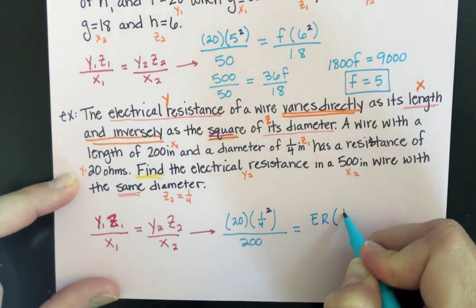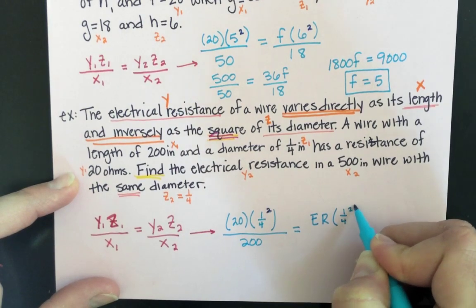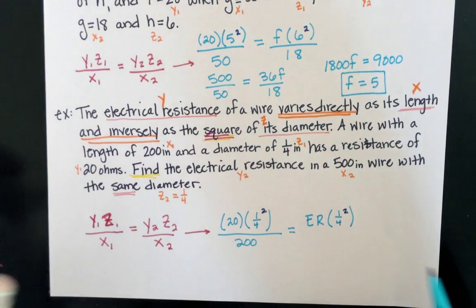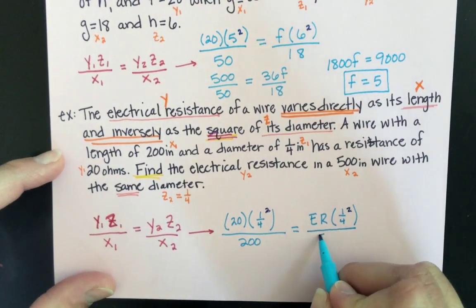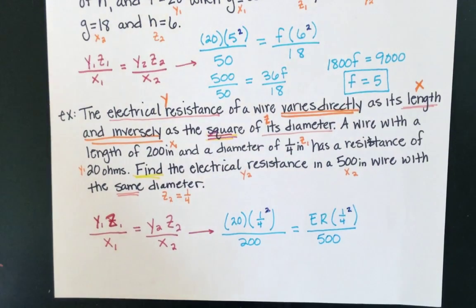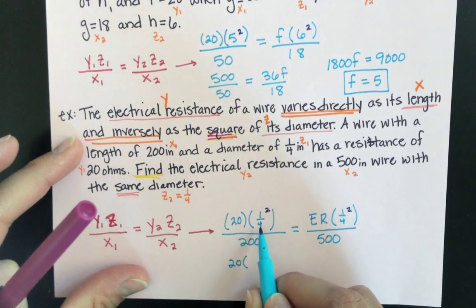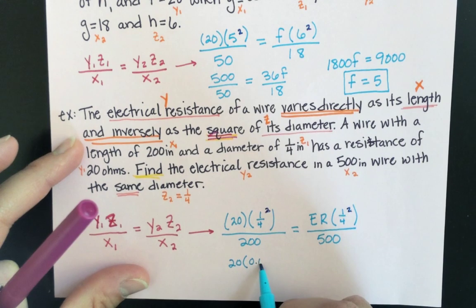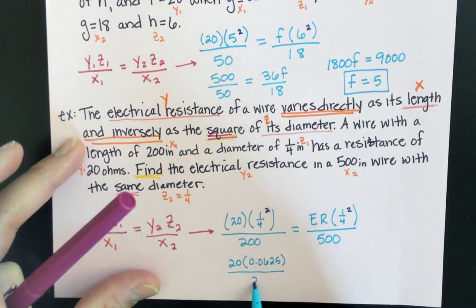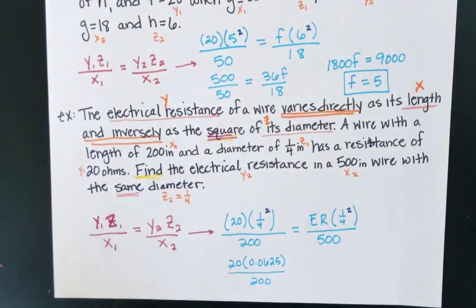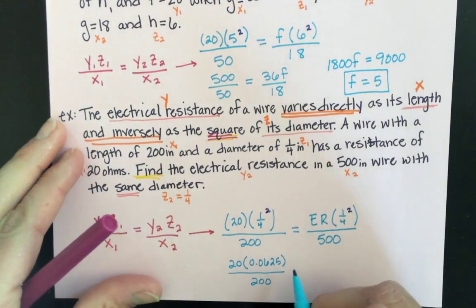It's going to have the same diameter, the same gauge, over 500. Well, if I square 1/4, it'll either be 1/16 or that decimal.